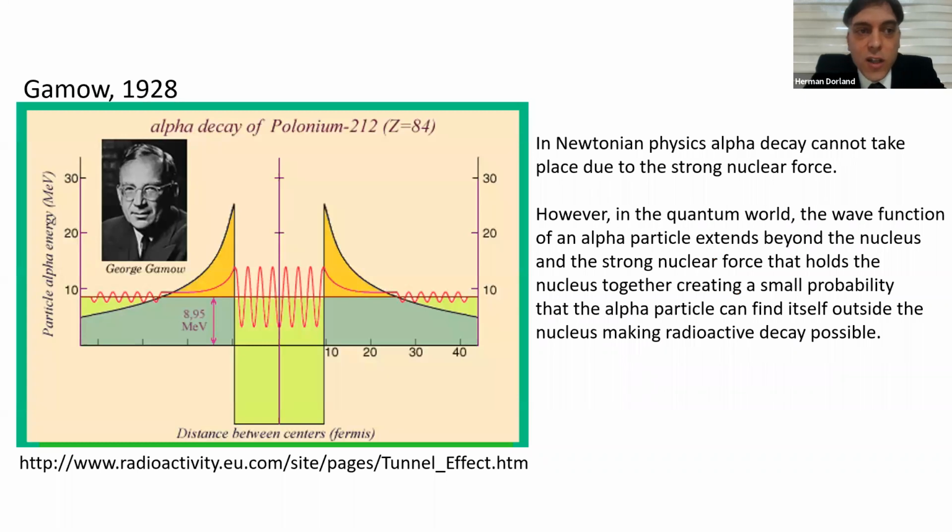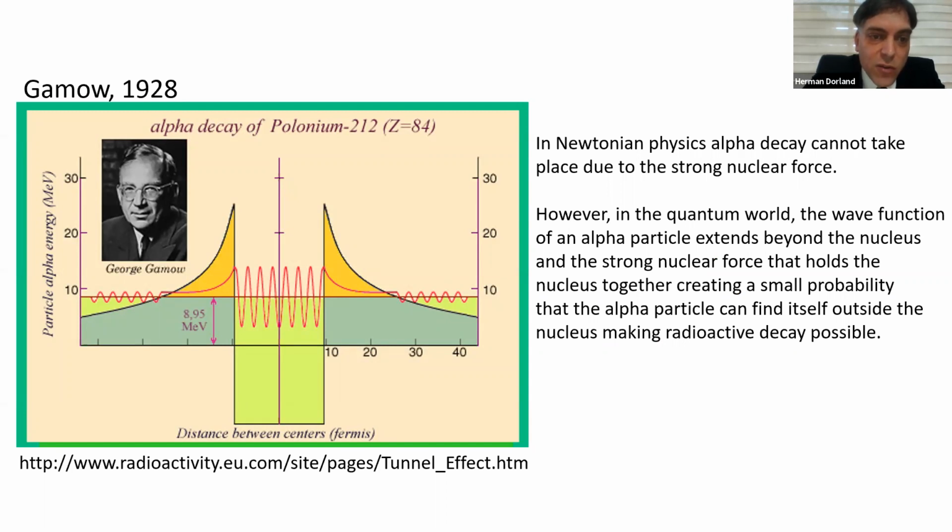So around 1928, George Gamow came up with an explanation in terms of quantum physics of radioactive decay. In normal Newtonian physics, the alpha particle would not be able to escape the core because of the strong nuclear force holding it.